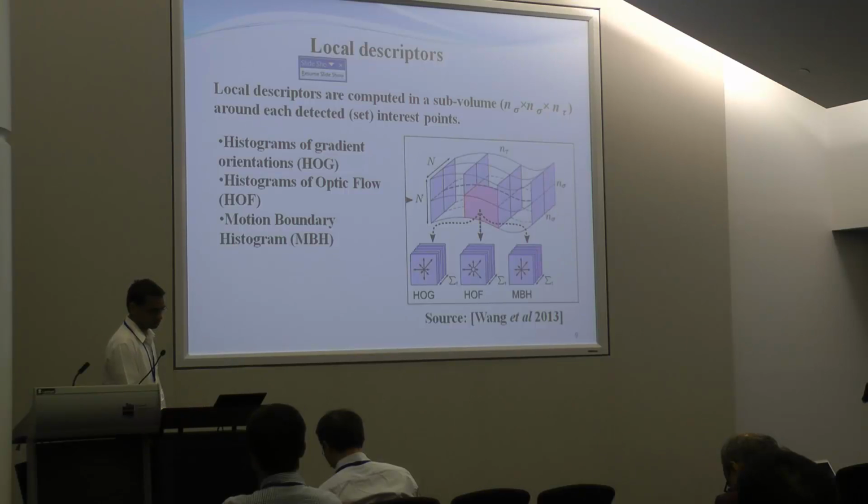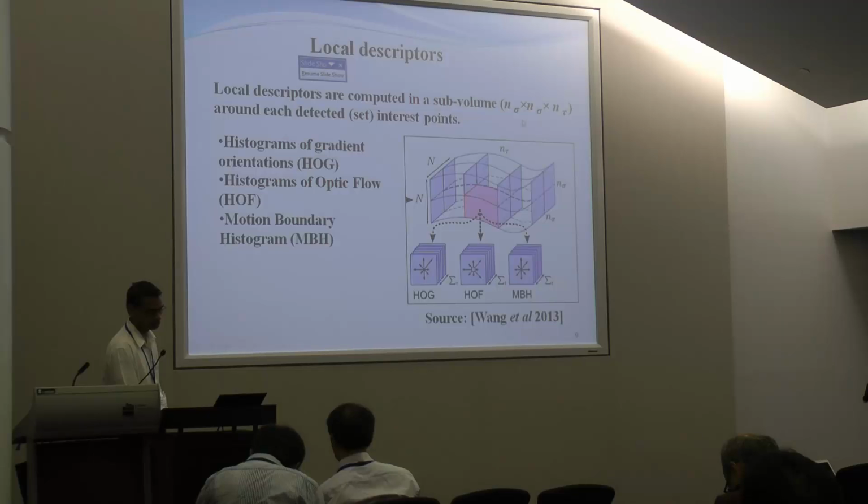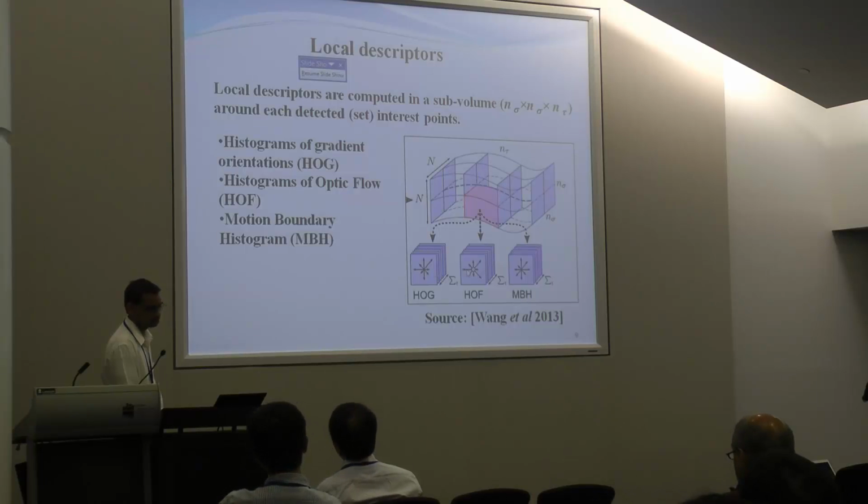When interest points are detected, around some subvolume defined by n sigma and tau in space and time, descriptors like motion boundary histogram are computed.